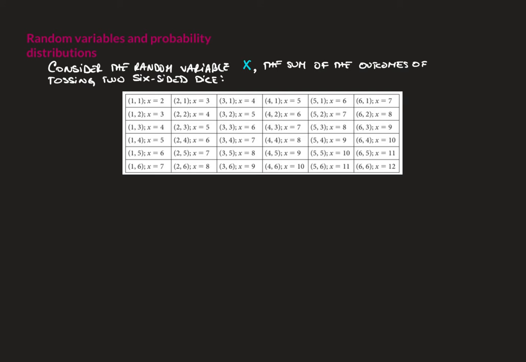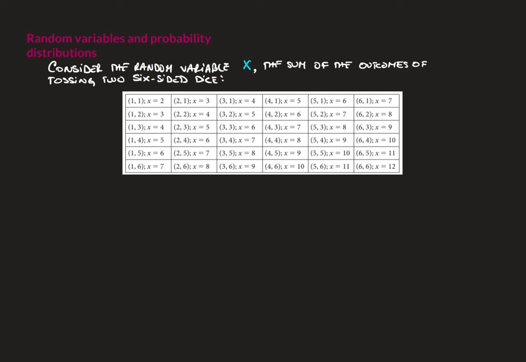However, the sum of the outcomes of tossing the six-sided dice does not have 36 outcomes in itself. This variable x only has a limited number of outcomes because many of the sums that we can build with the two results from the two dice are repeated.